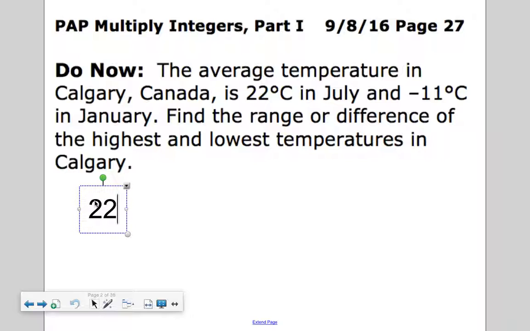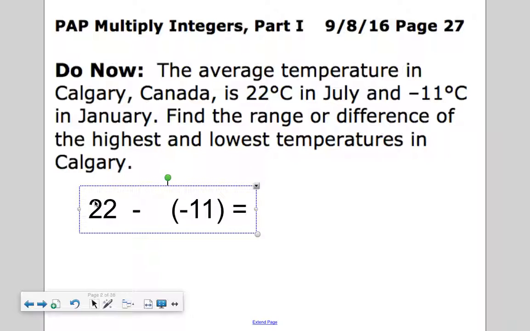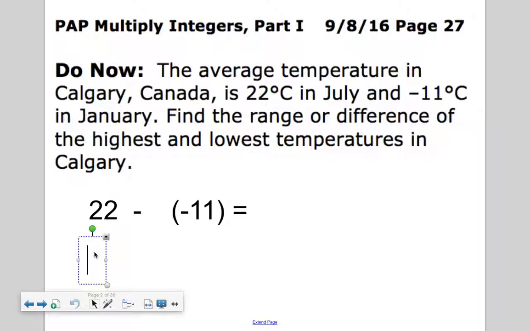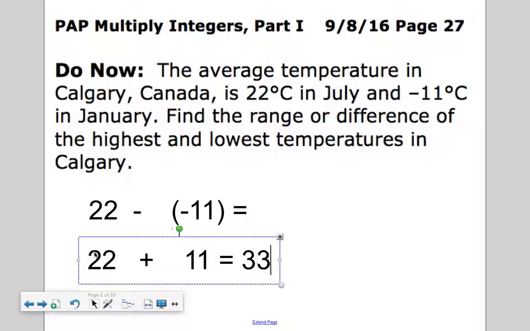So 22 is the high, the low is negative 11. Find the difference or the range. So we know it's minus. Let me put parentheses so it makes it easier to read. So we have 22 minus negative 11. I need to solve for this. I'm going to use add the opposite. So I start with 22. I add, what's the opposite of negative 11? 11. So the range is 33 degrees.